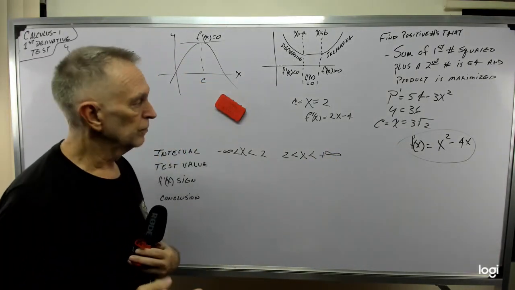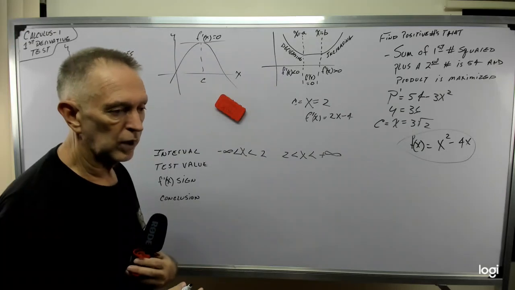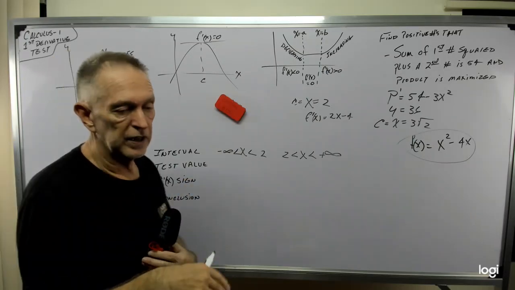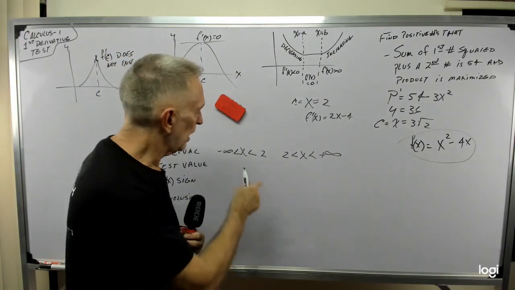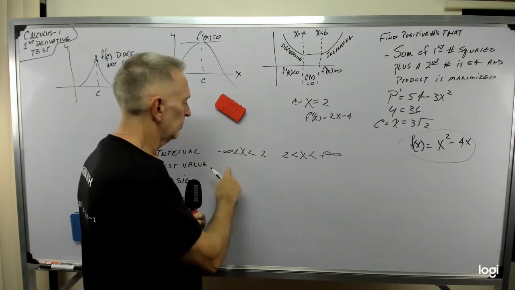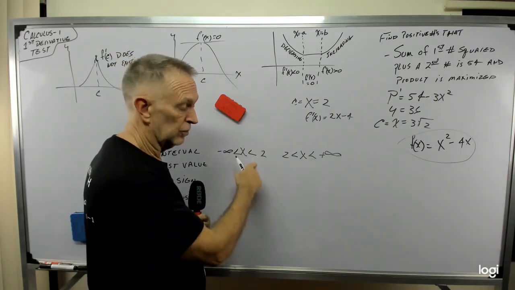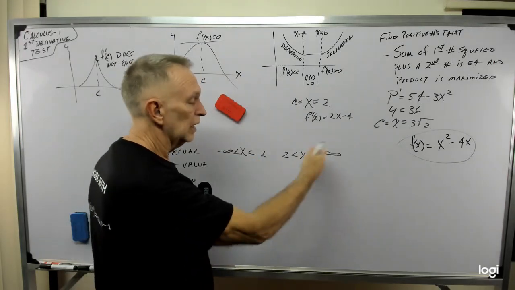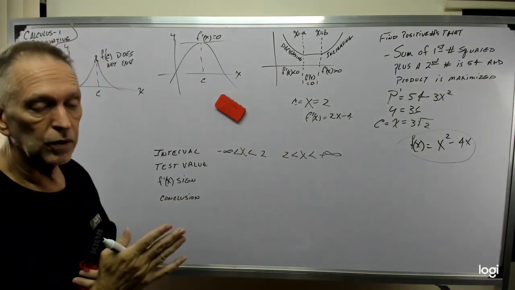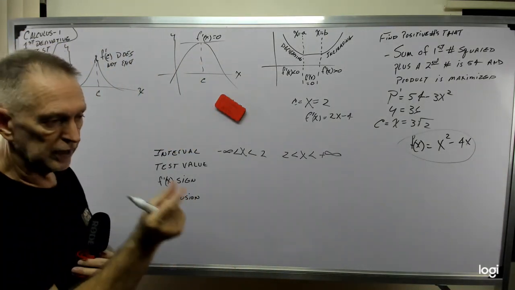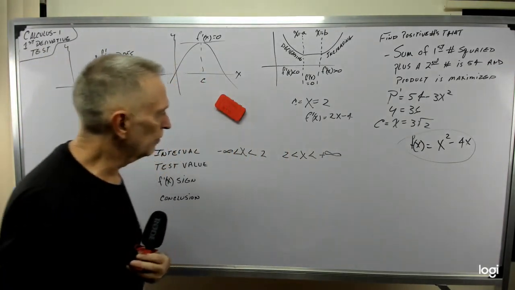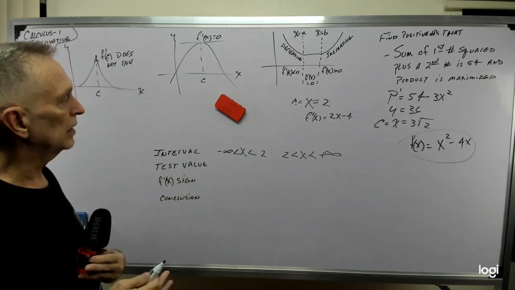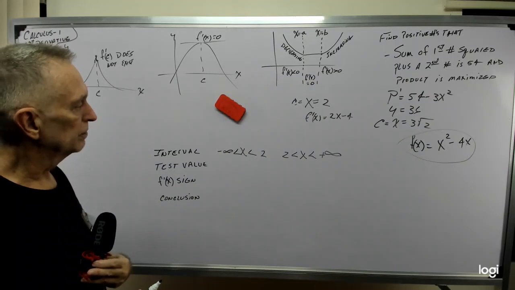Now I should note, if you have some points where the function's undefined, at 0, or like maybe there's an x cubed in the denominator, you'll have to set your intervals up to go from minus infinity to 0, and then 0 to less than 2, and work it that way. So there may be other areas that you have to include, not just, we've got some simple problems here. So just know that there may be multiple C's in your analysis.